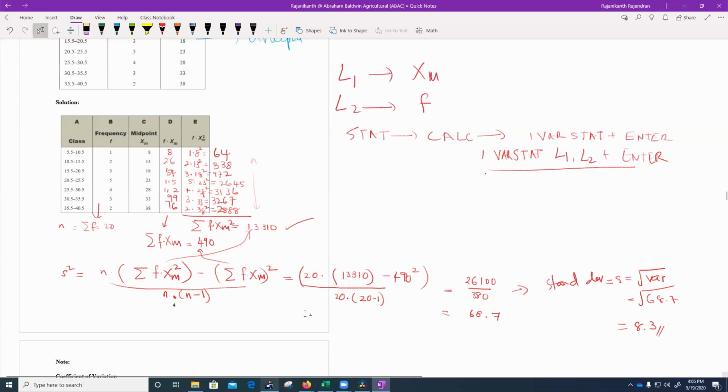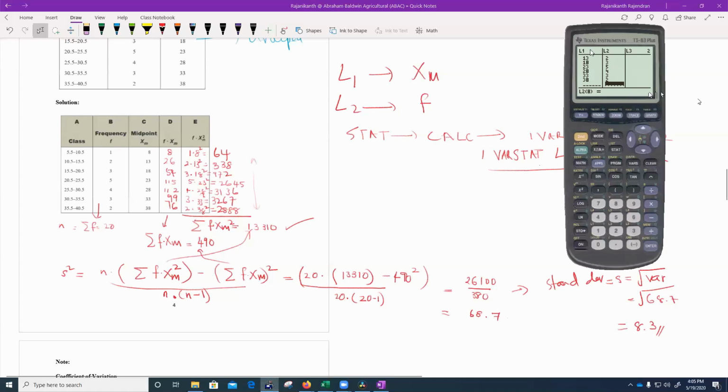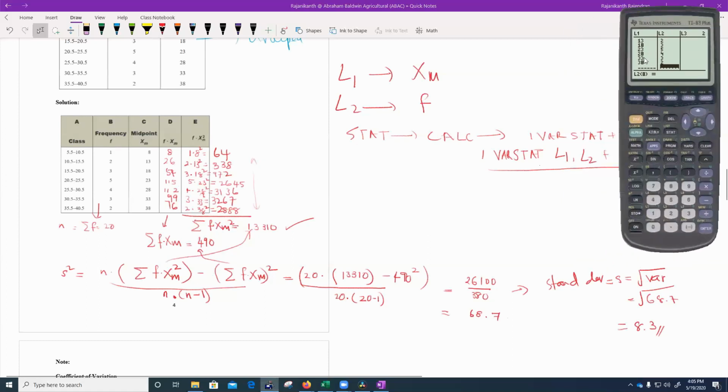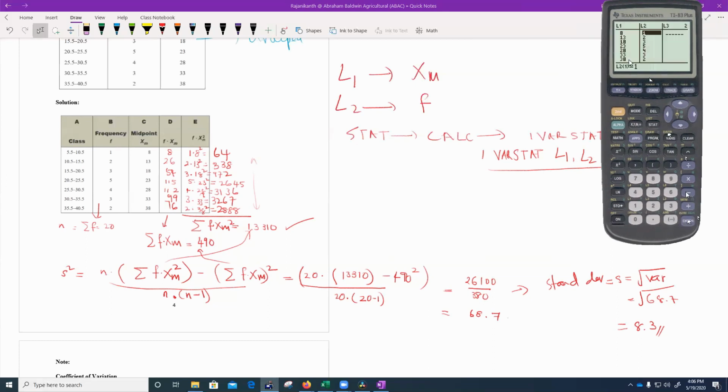If you look at your calculator, now I have entered all the data values. So now go to stat one more time and calc. Then number one, enter.